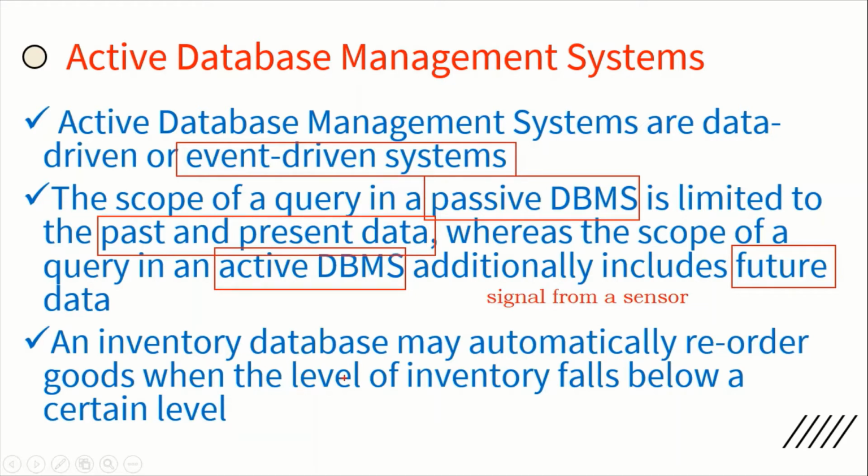What it is doing is counting how many tiffin boxes are there. It is decreasing the count, and when it reaches zero, it automatically reorders those tiffin boxes. Like that, active DBMSs are event-driven DBMSs.